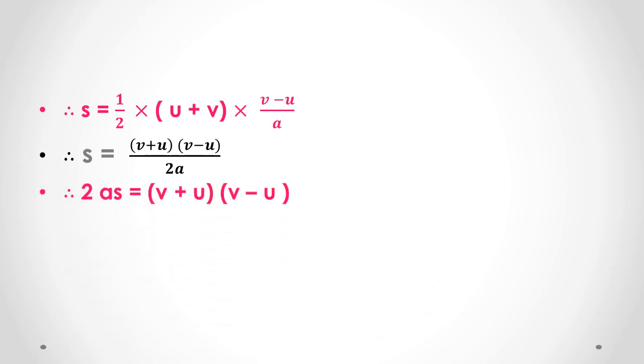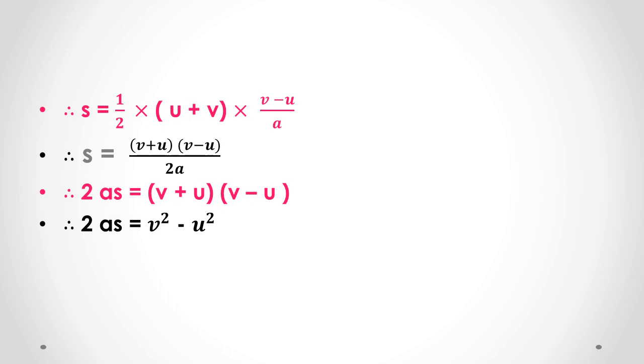Again we are cross multiplying here, 2A with S. That means this 2A will go with the S, that is 2AS equals the right hand side, which will be the same. Therefore 2AS equals V square minus U square.